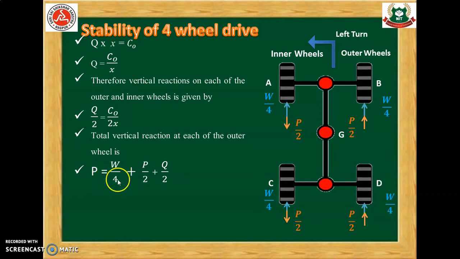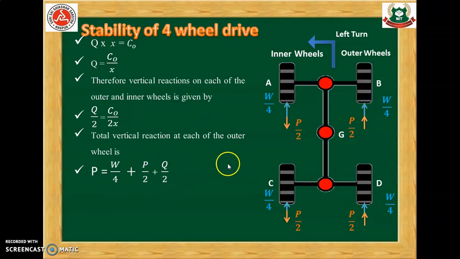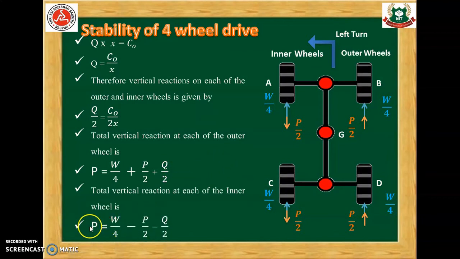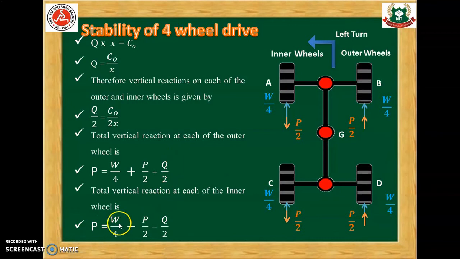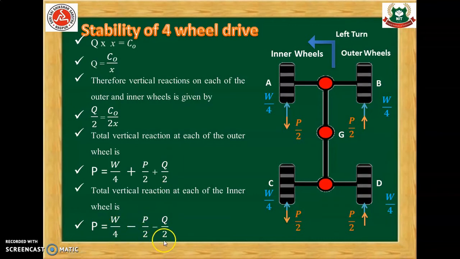It equals W upon 4 plus P upon 2 plus Q upon 2, and the total vertical reaction at each of the inner wheels is given by Pi, which equals W upon 4 minus P by 2 minus Q by 2.